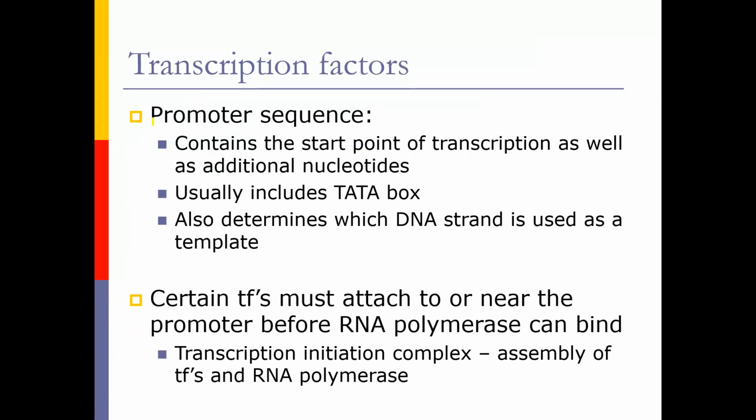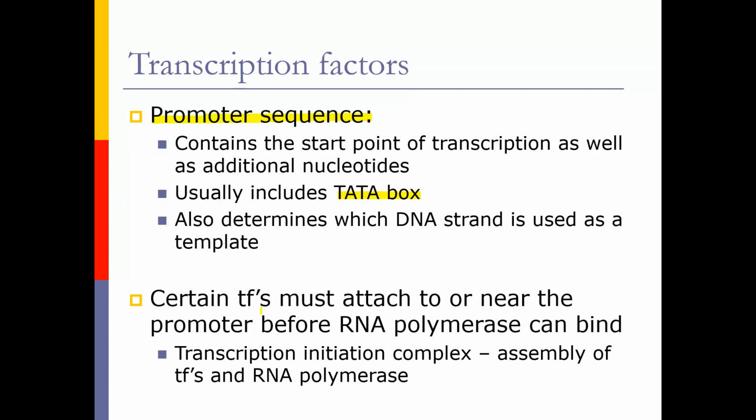So as we mentioned with our diagrams, the promoter sequence is where the RNA polymerase binds. It typically includes that TATA box, that TATA sequence. And essentially it's going to be just kind of like the precursor to the gene that tells RNA polymerase where to begin. It also tells the RNA polymerase which strand to copy. Because remember, in transcription, we're only copying one side of the DNA.